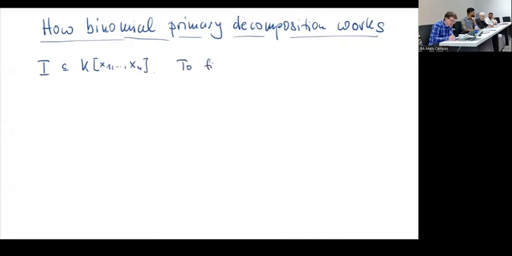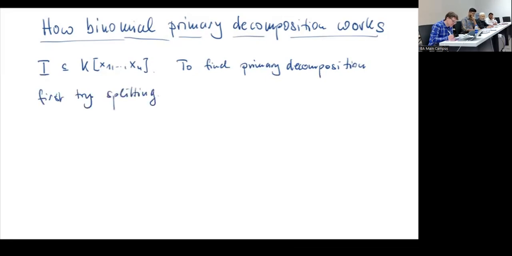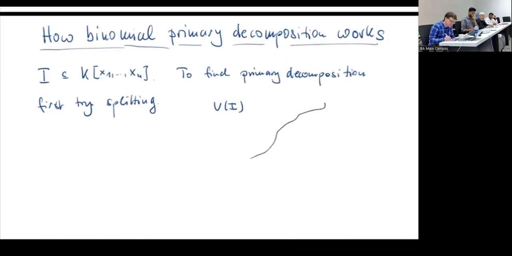To find a primary decomposition, we always first try so-called splittings. What is splitting? The name comes from the following. If you think about the geometry, V of I, the variety.